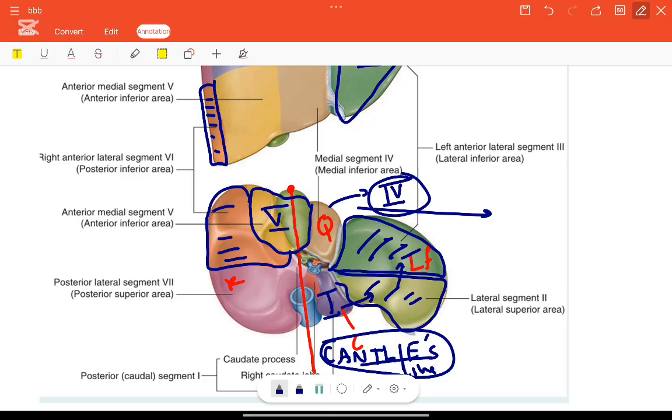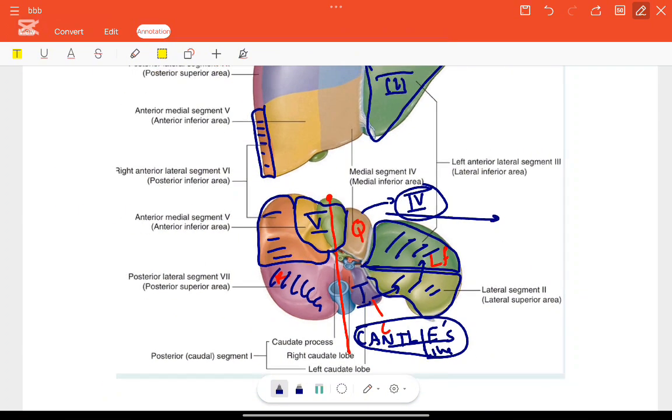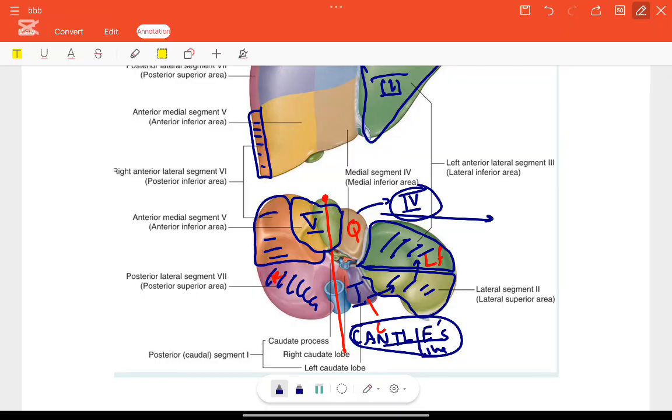So that's segment 6. Segment 7 is behind that, which we call the posterolateral segment. That's segment 7, sorry, that's segment 7.